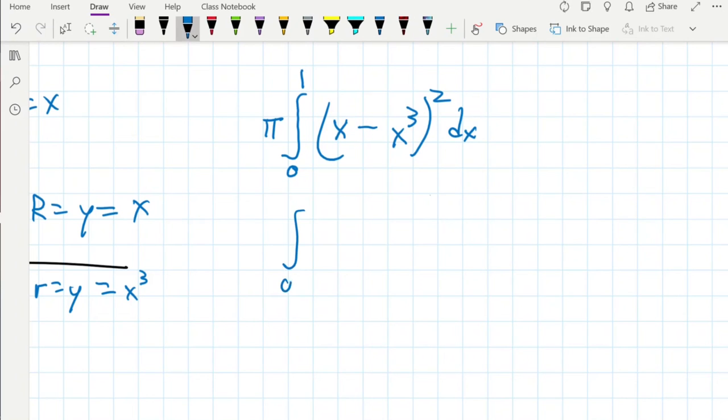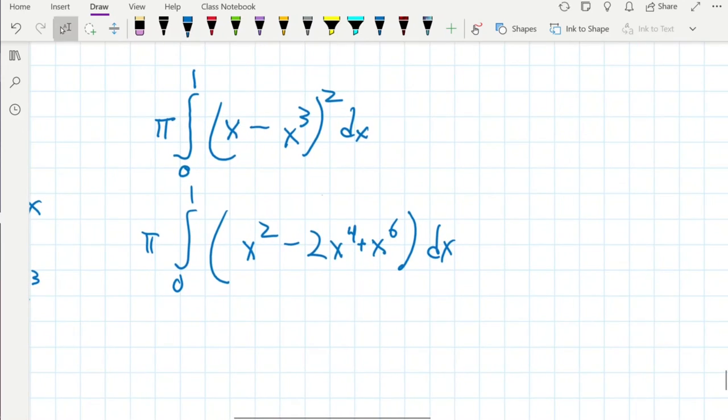So we're going to take pi times the integral from 0 to 1 of x squared minus 2x to the fourth power plus x to the sixth power dx. Let me just make sure that's right.